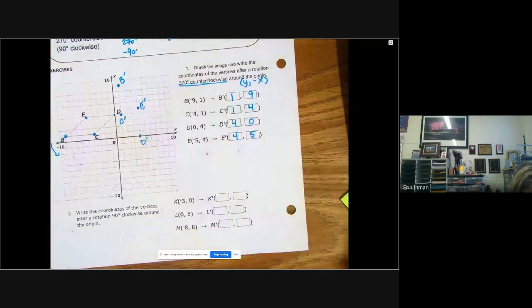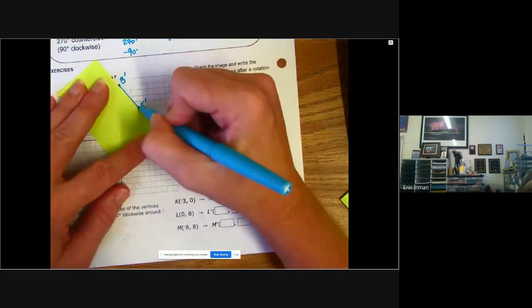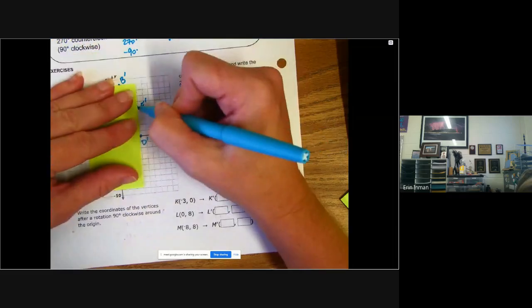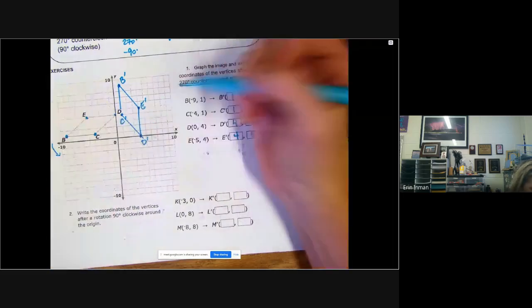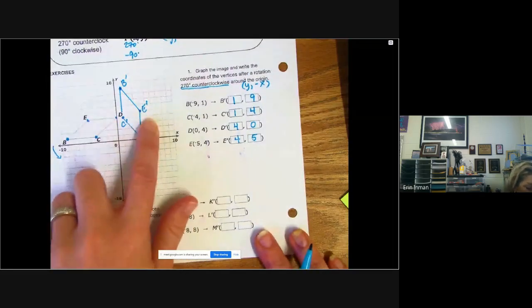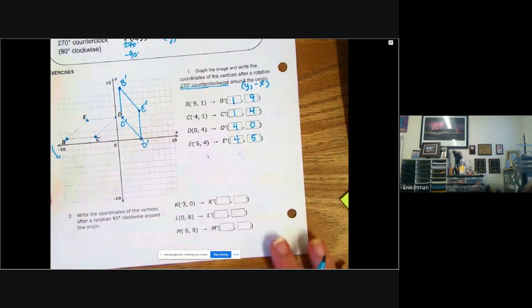And I might have to use a straight edge here, so my lines don't look too wonky. Okay. All right, and if you've done it right, it should be geometrically congruent. I know that's one of your big clues to see if you've done the correct transformation.